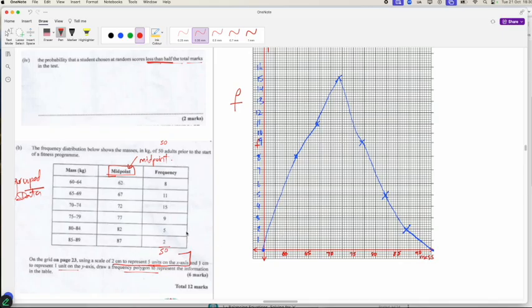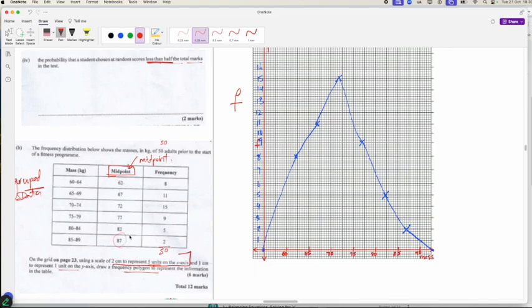So I'll start from 0, go 2 centimeters, that is 60, and 2 centimeters, 65, 70, 75, 80, 85, 90. I cover the full range there from 60 to 90. That covers the range of the midpoints here.